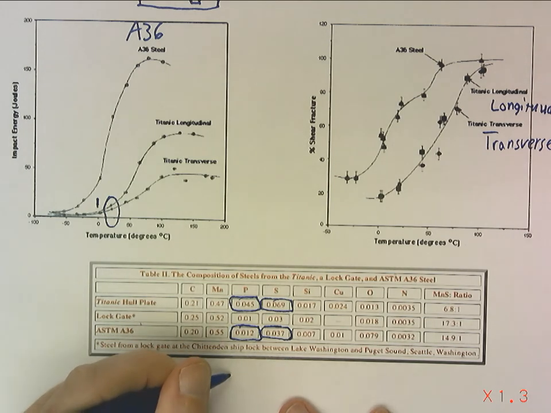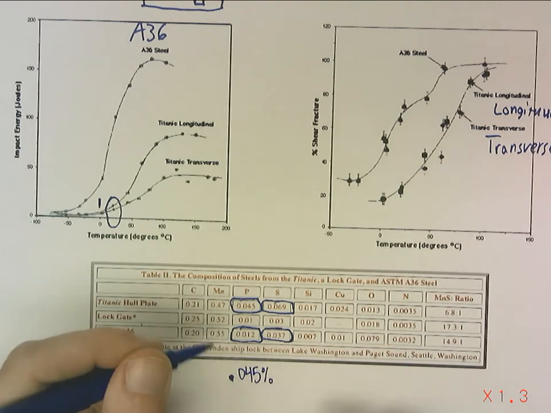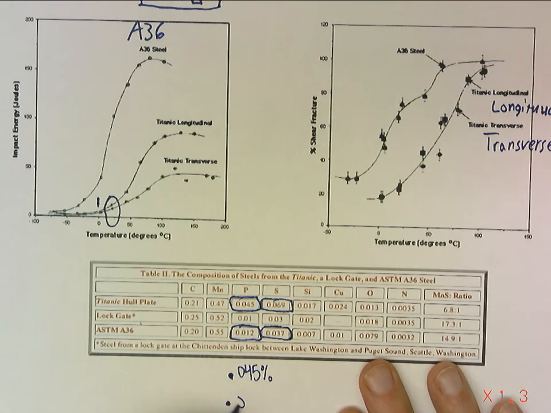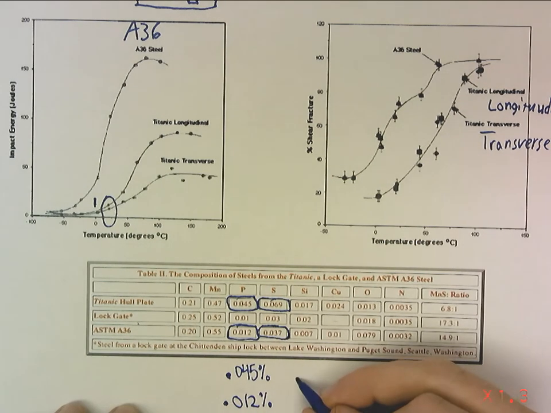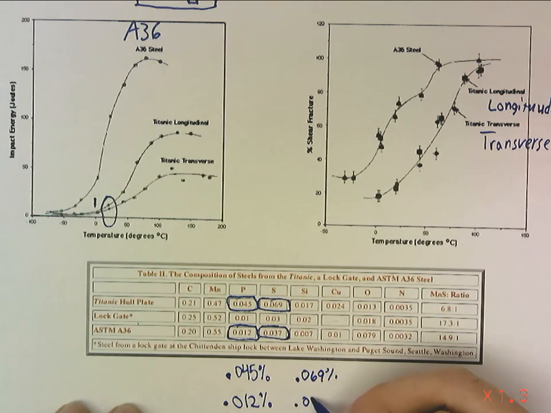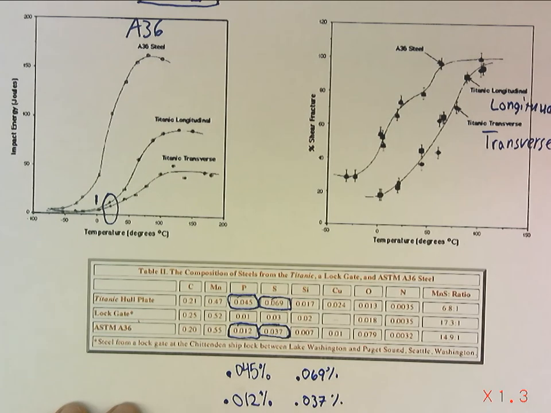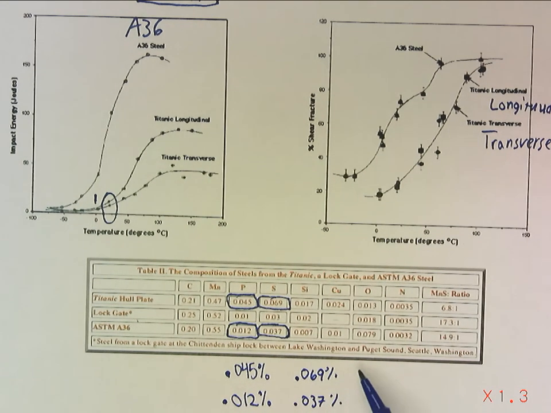Titanic whole plate, phosphorus 0.045% by weight. Modern steel 0.012. For sulfur, 0.069% versus 0.037%. Also problematic, manganese is a little less than in the modern steel. Sulfur we can handle being larger if we increase the amount of manganese with it.